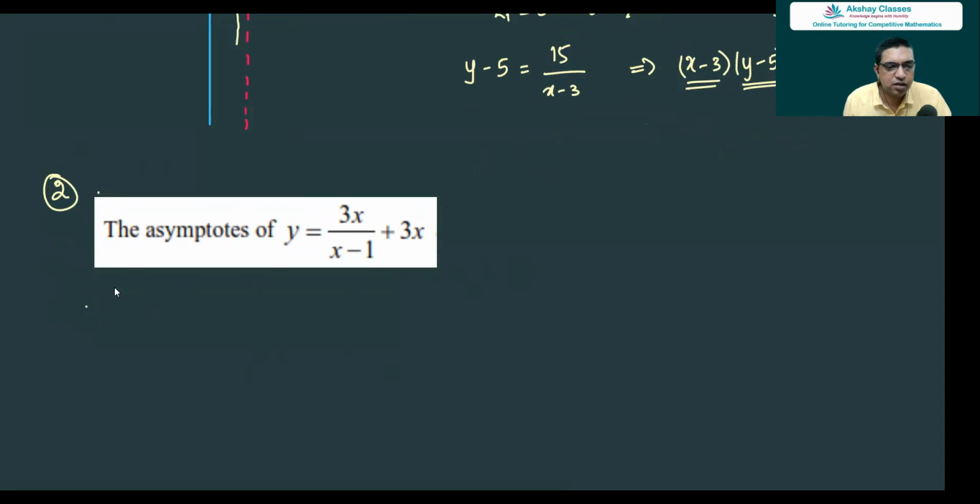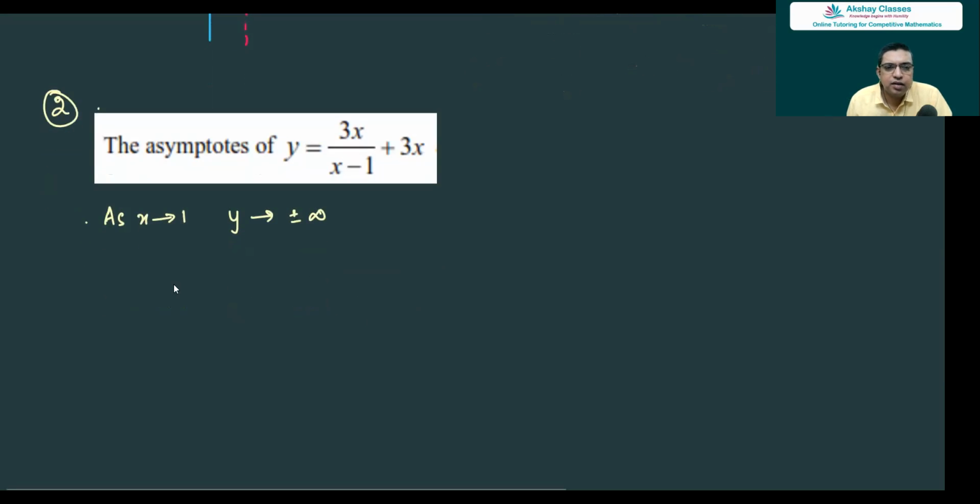Good. So as x tends to 1, y goes to infinity. It can go to minus or plus infinity depending on left or right. So therefore, x equal to 1 is an asymptote.